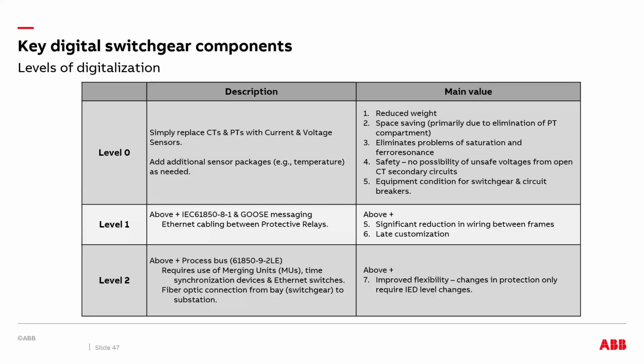At this level, you can also use synchronization devices and Ethernet switches. You can also use PTP or IEEE 1588 devices and fiber optic connection from the switchgear to the substation. This improves flexibility and gives you so much more for your application. And you just need to change things on the IED because the relays are already sharing all the information because of the sampled measured values.